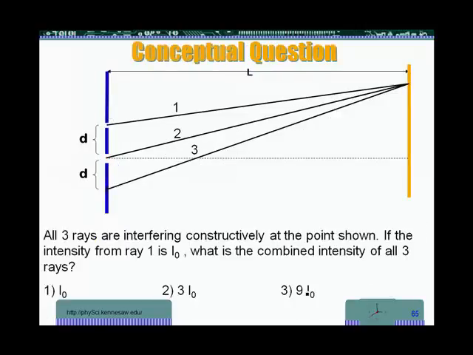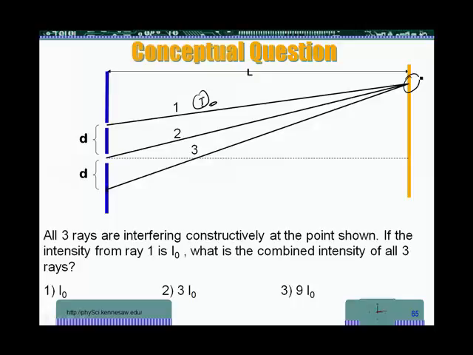Okay, let's look at this example. We have 3 rays that are interfering constructively at the shown point. If the intensity coming from ray 1 is I0, intensity from ray 2 is I0, and the intensity from ray 3 is I0 as well, what would be the intensity of the light when they all 3 meet at that point?